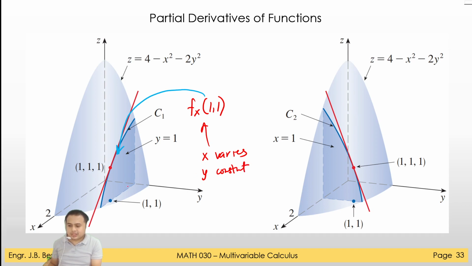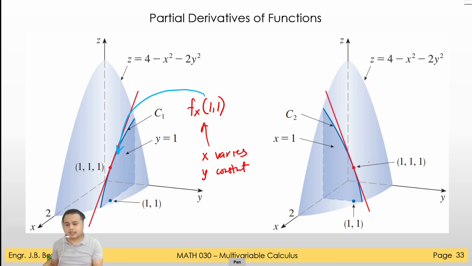So if this is your y-axis, then the y values here are constant, so it extends throughout here. And then if you draw a line representing this curve, or this intersection here, the collection of slopes here will be your partial derivative. At this specific point, you can find the slope of your partial derivative.